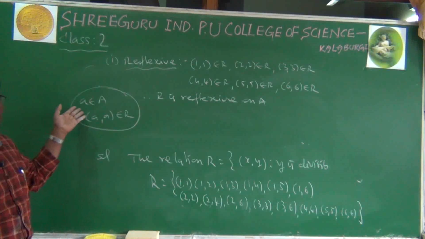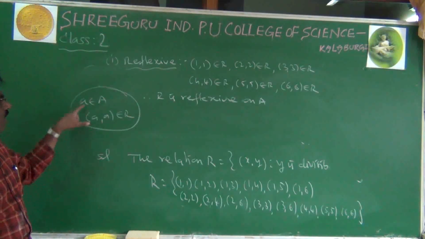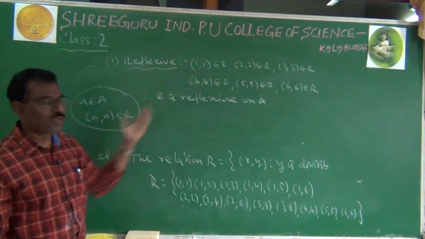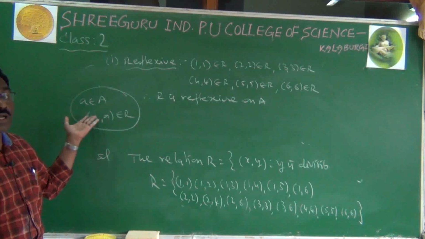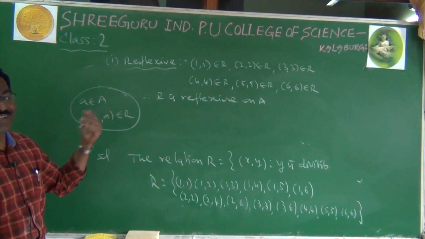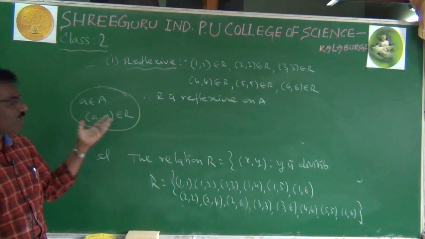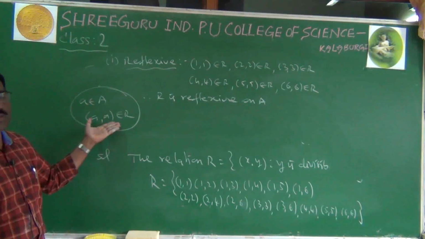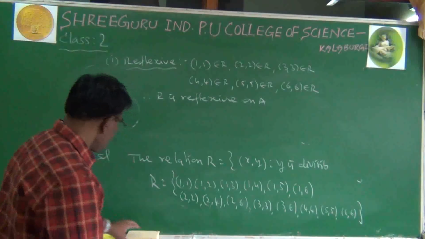You select one element a in A, and (a, a) belongs to R. a1 gives (1, 1), a2 gives (2, 2), up to a6 gives (6, 6). Why not a7? Because the set only goes up to 6. This is the reflexive relation.